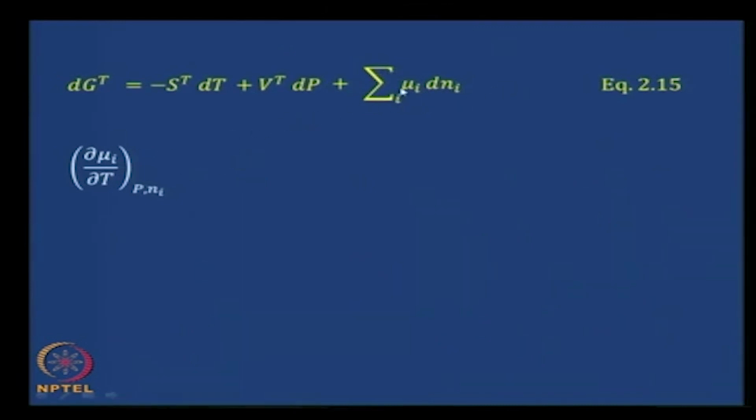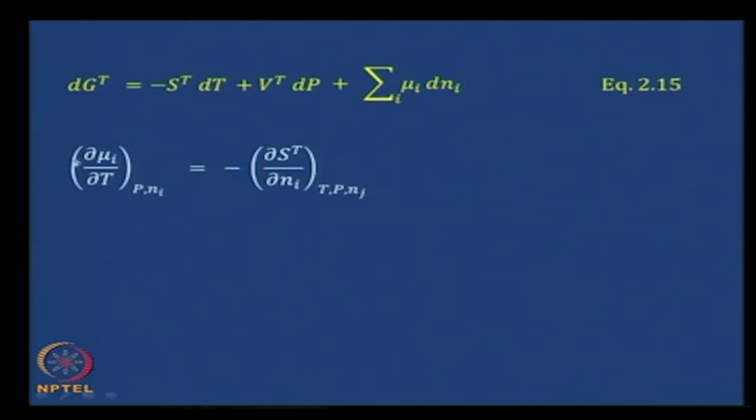Let us take one of those: ∂mu i/∂T at constant P and all other ni equals minus ∂St/∂ni at constant T, P and all nj's apart from this ni.